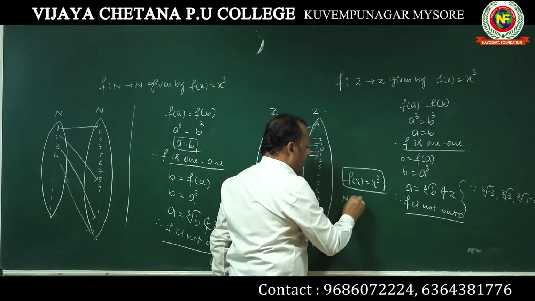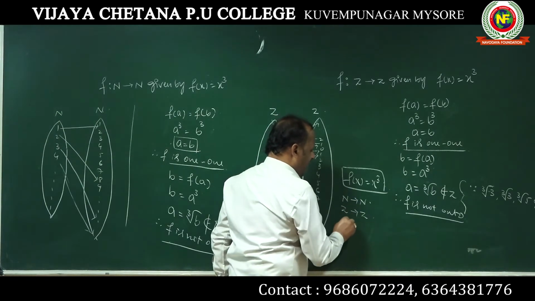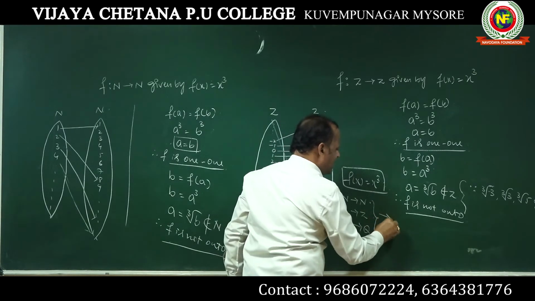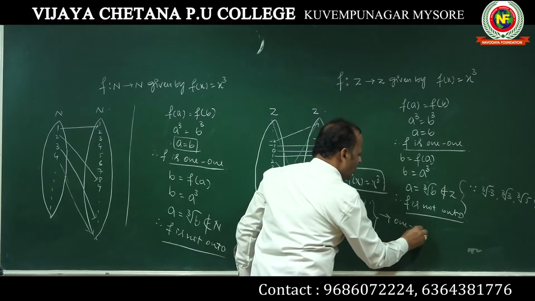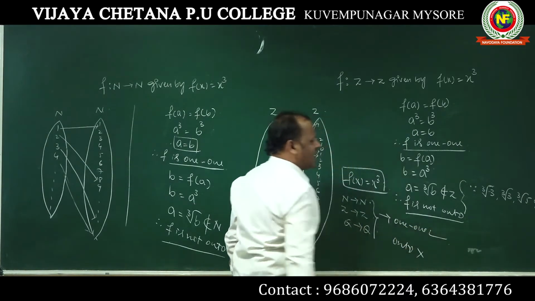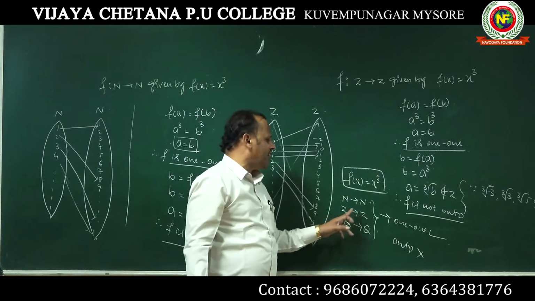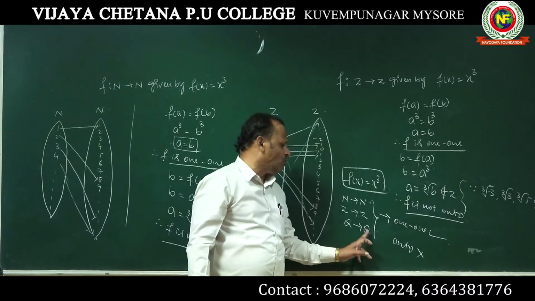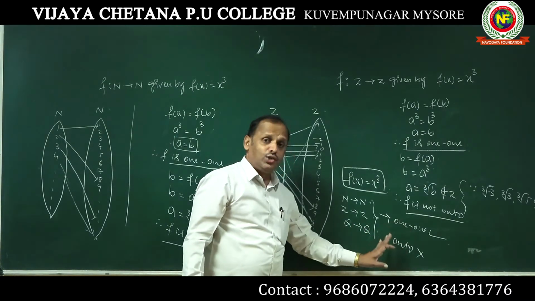For N tends to N, Z tends to Z, and Q tends to Q, for all of these it is 1-1 but not onto.